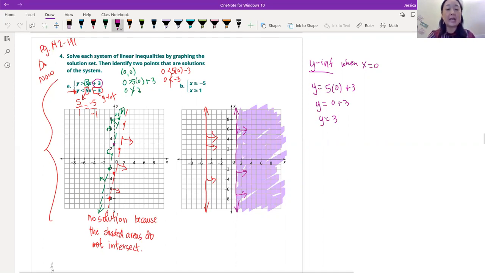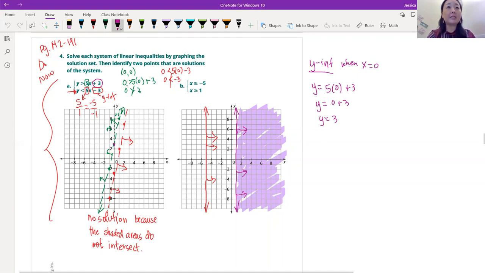Notice it is a dashed line because it does not say equal to there. It says y is greater than 5x plus 3. Remember, we're just going to plug in a point and see if it works. We plug in the point 0, 0, which is to the right of the line.